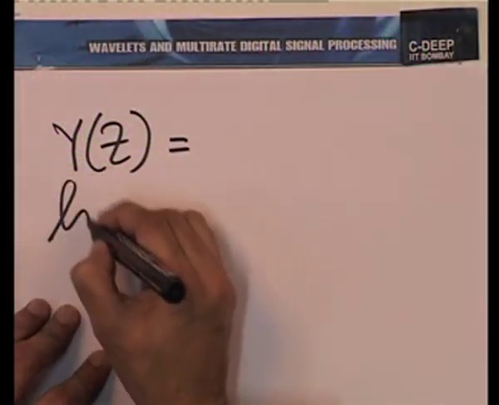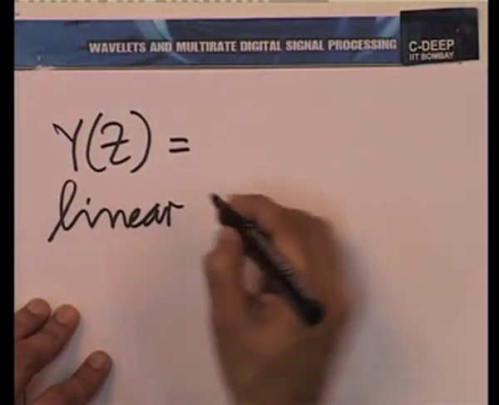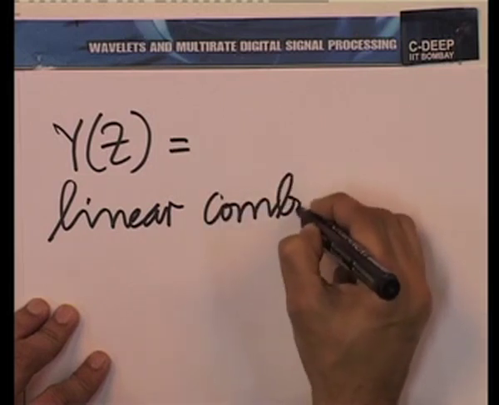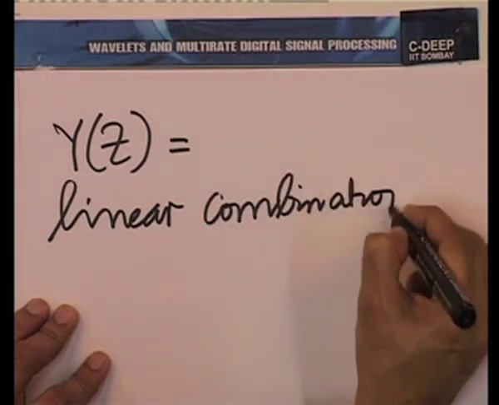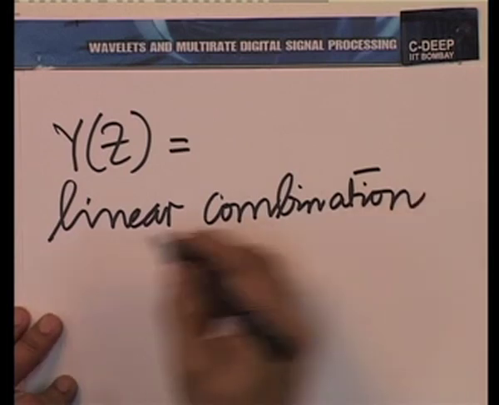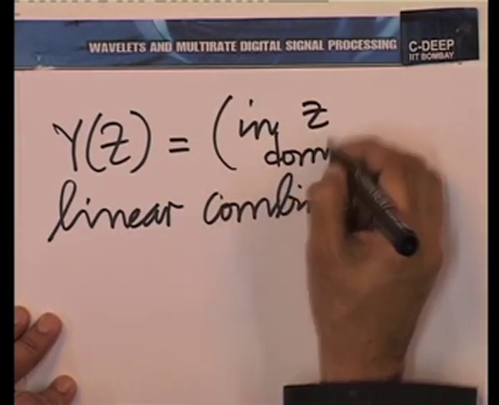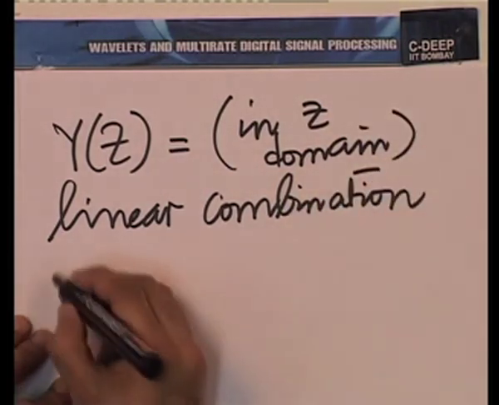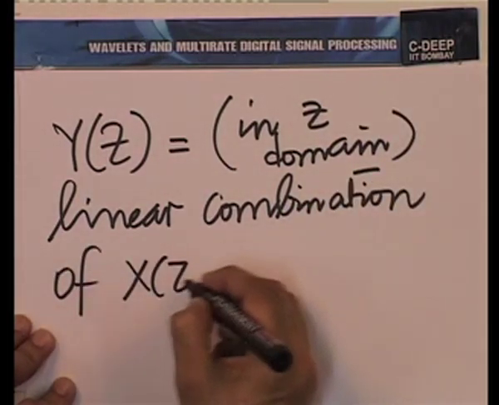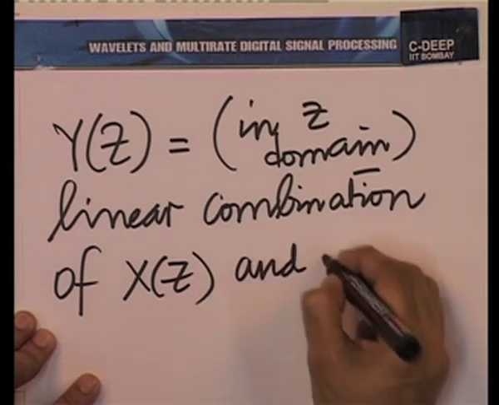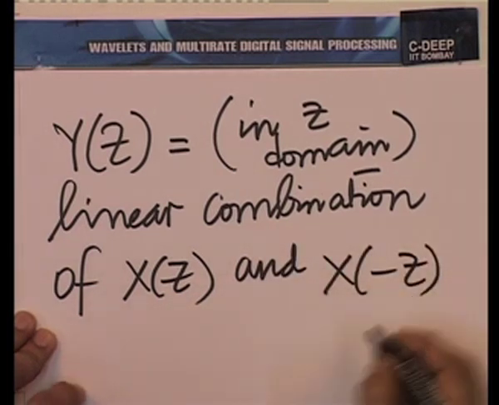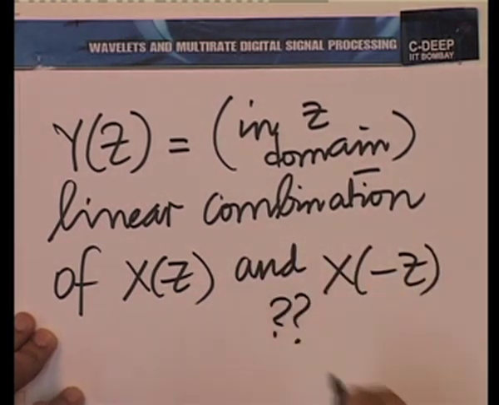So, Y(z) is a linear combination in the z domain of X(z) and X(-z). What does this mean? What do you mean linearly combining X(z) and X(-z)?